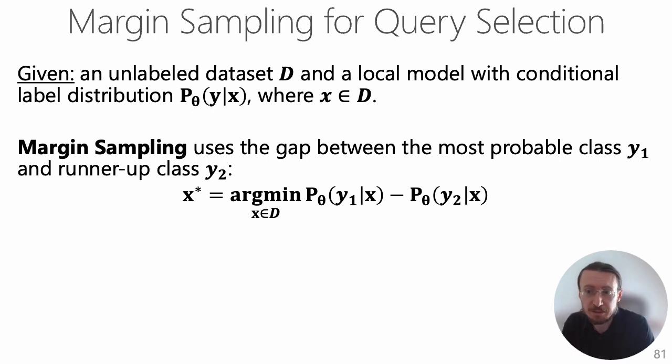So the intuition here is again that the smaller the probability gap between the most probable class and the runner-up, so the second most probable class, the more information can be provided by labeling this sample for the querying party. So the querying party wants to really maximize the final improvement from the collaboration and can harness different active learning methods locally to improve the local model.